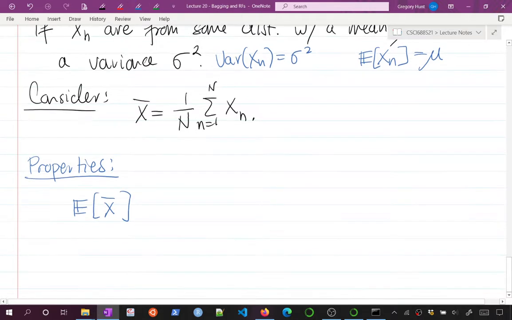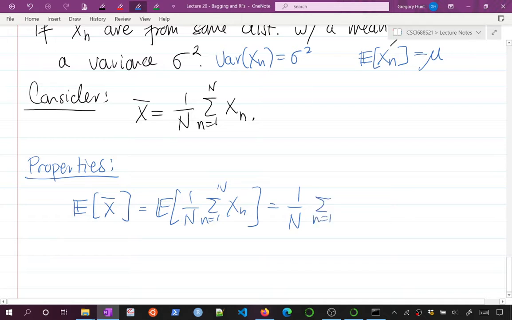If we look at the arithmetic mean, the expected value of x bar is the expected value of 1 over n times the sum. I can pull out not only the 1 over n, because that's a constant, but I can pull out the sum because expectation is a linear operator.